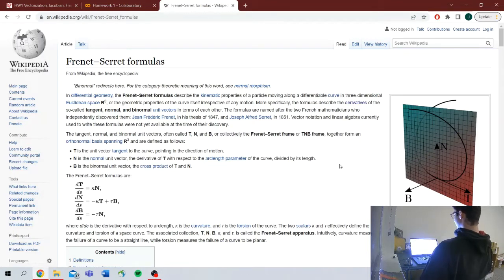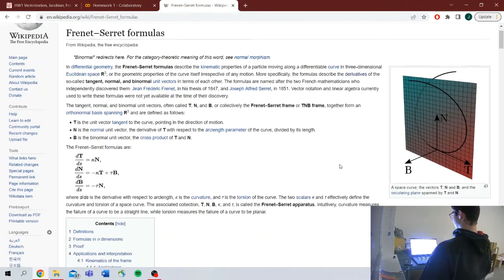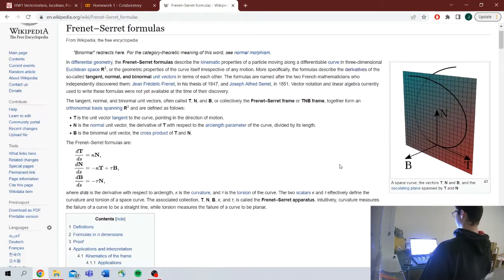So, as Wikipedia says, the Frenet-Serret formulas describe a particle's motion through three-dimensional space. So, specifically, they describe the derivatives of the tangent, normal, and binormal unit vectors.